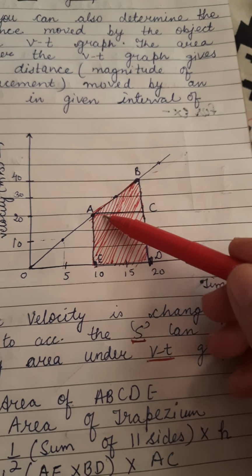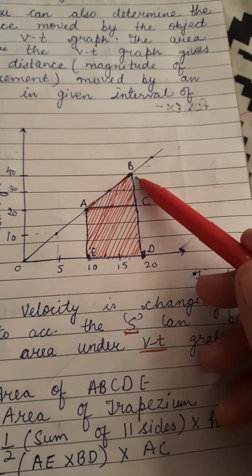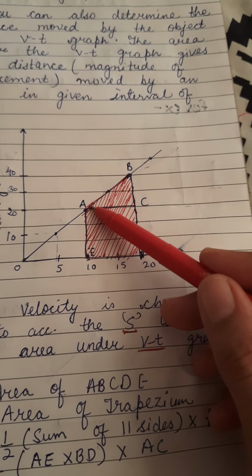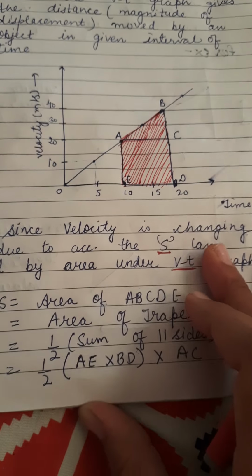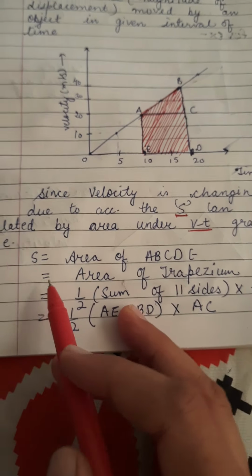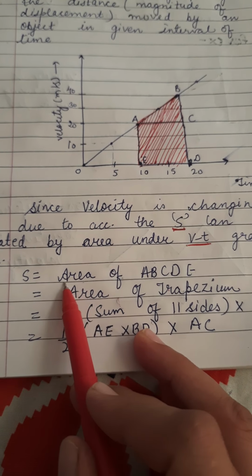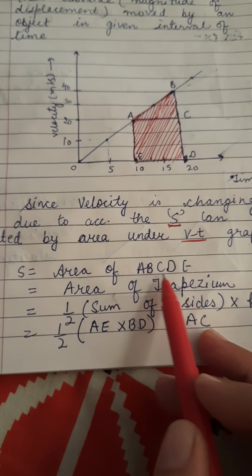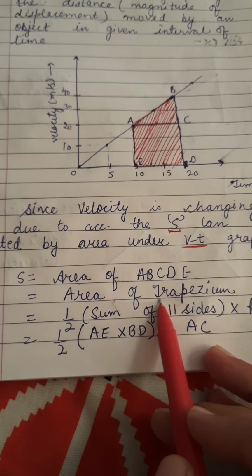This area under the curve, that shaded portion under AB, is the area ABDE, and this area represents the trapezium ABDE. S can be calculated by calculating the area of ABDE, and this is a trapezium.